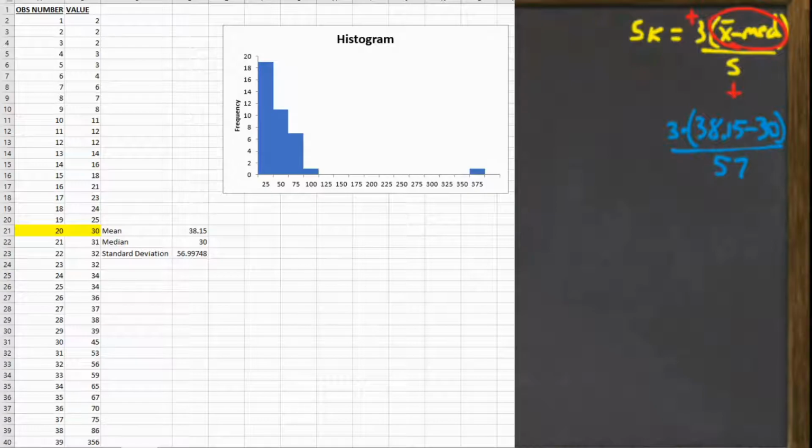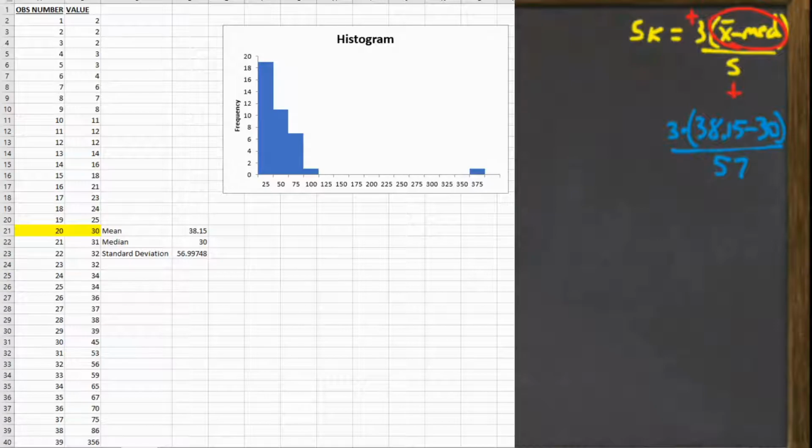We can think about what's going on here, in that we want to keep it relative to the standard deviation. So yes, we want to know whether the mean is bigger than the median, but it should factor in the standard deviation.